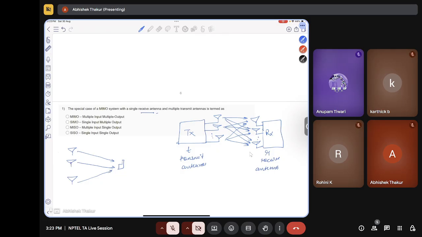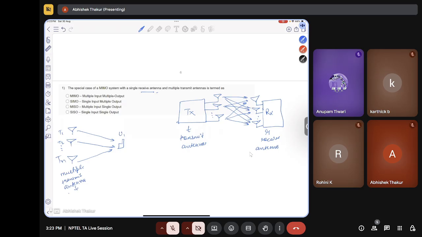As you can see, T1, T2, Tn, and here there is only one user. We'll come to the MIMO system, but the first question is very easy, so we'll solve it. So this means multiple input, and here there is a single receive antenna, so the output is only one.